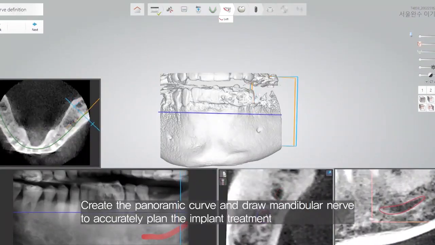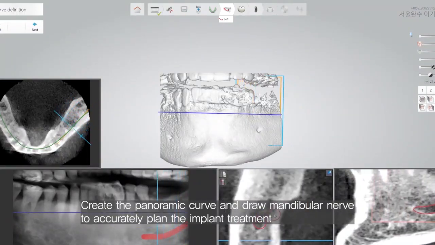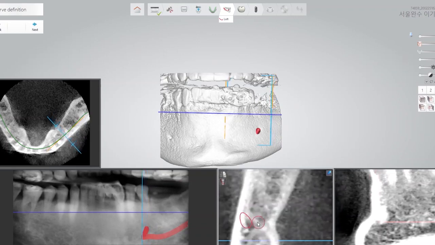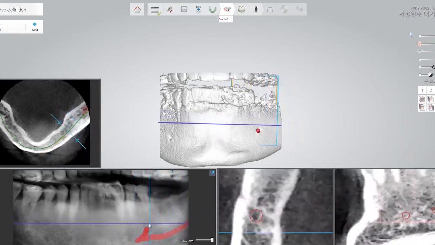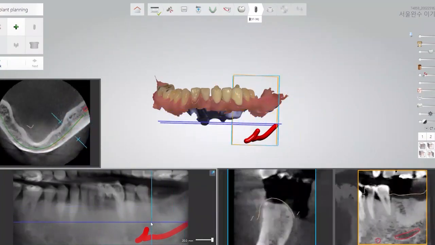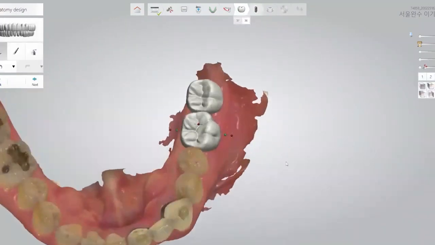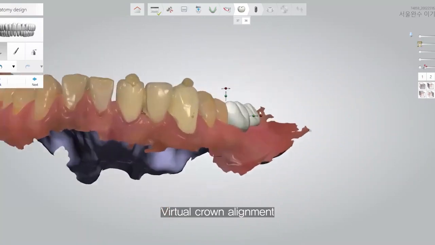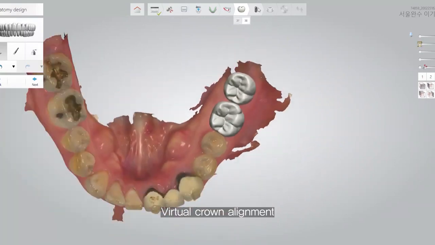Create a panoramic curve and draw a mandibular nerve to accurately plan the implant treatment. Align virtual crown on the implant treatment area.